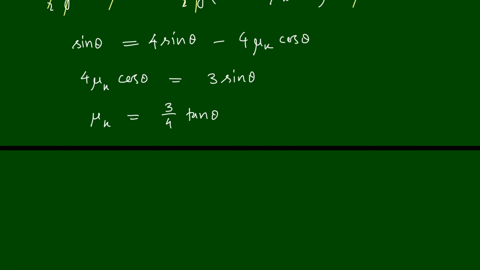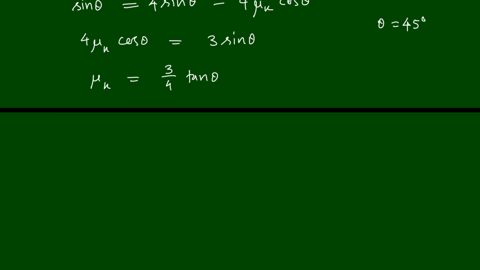Theta is already given as 45 degree. That means mu k is equal to 3 by 4 tan theta, tan 45 degree value is 1, so we can say mu k is equal to 0.75.